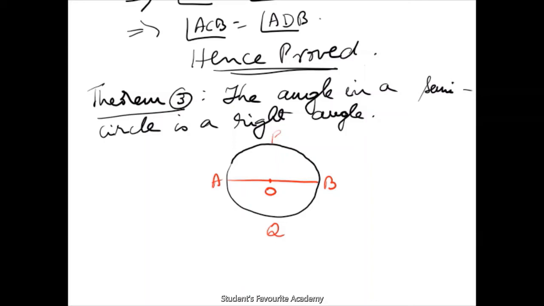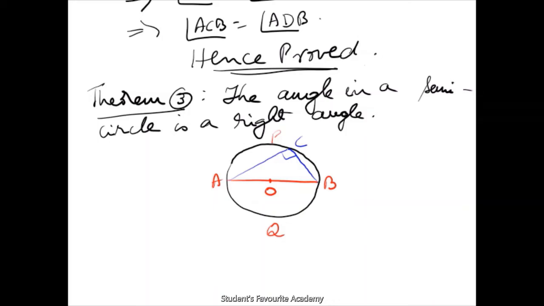Now according to this theorem, if you take any point say C, any point in the semicircle, circumference of the circle, and if the angle subtended by the diameter AB on any point on the circumference of the semicircle will be 90 degree. That is, angle in a semicircle is always 90 degree. Right angle means 90 degree.